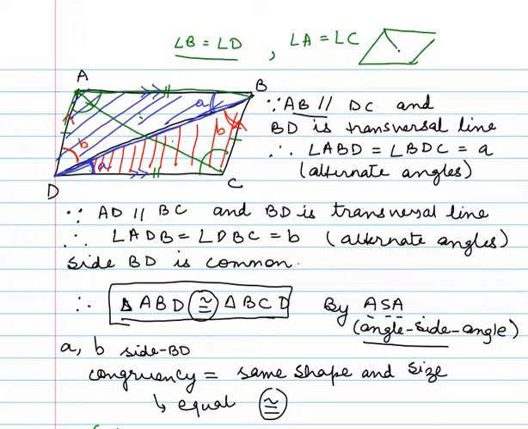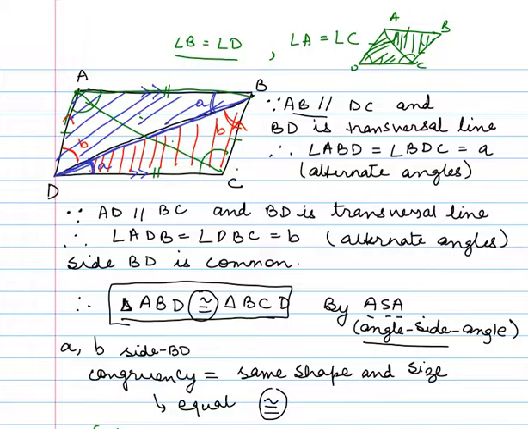If somebody wants to draw this diagonal, you just prove that these two triangles are congruent. Because these two triangles are congruent, we can say that opposite sides are equal and opposite angles are equal, right? So it's the same.